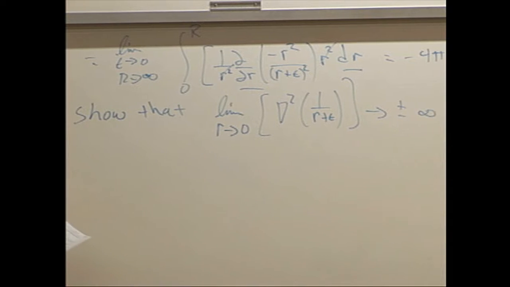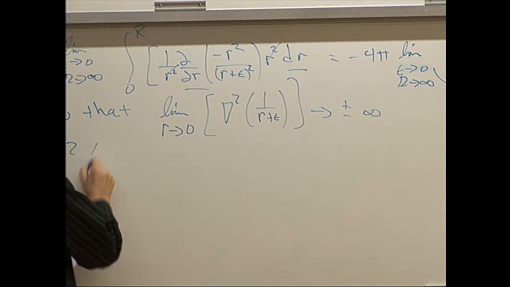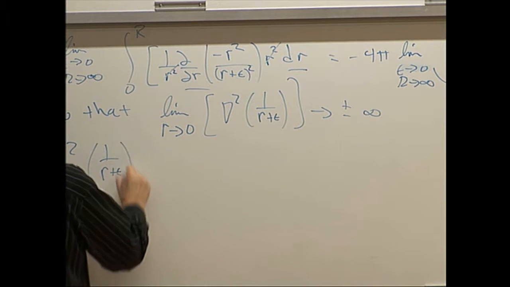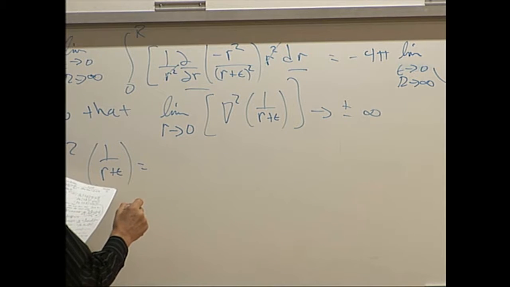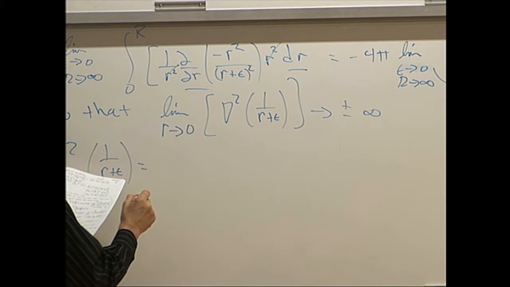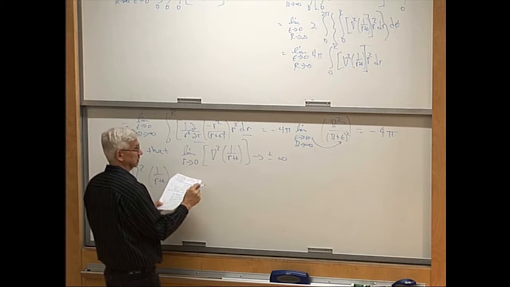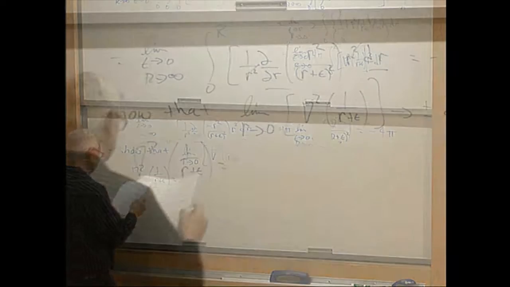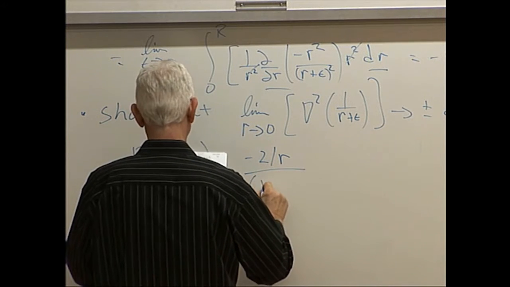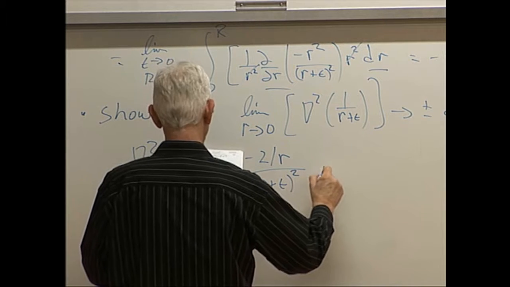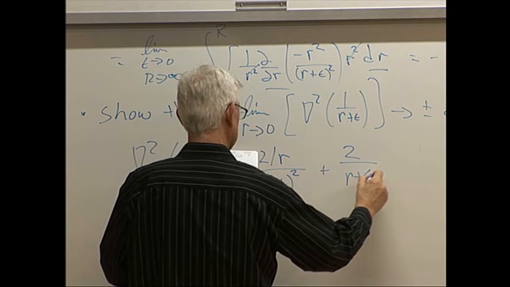So to show that, del squared of 1 over r plus epsilon, using the second derivative in the spherical coordinates, I have minus 2 over r plus epsilon squared plus 2 over r plus epsilon cubed.